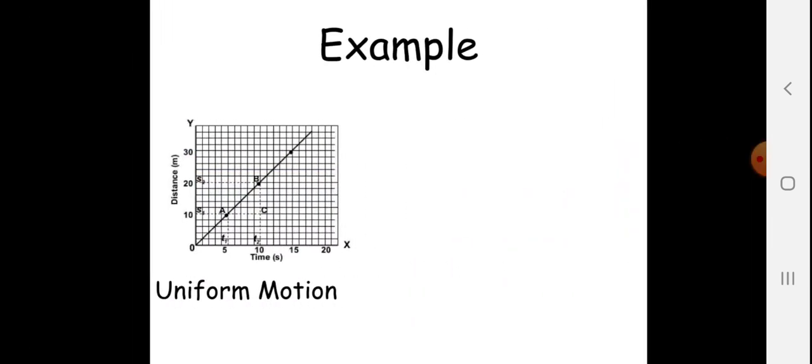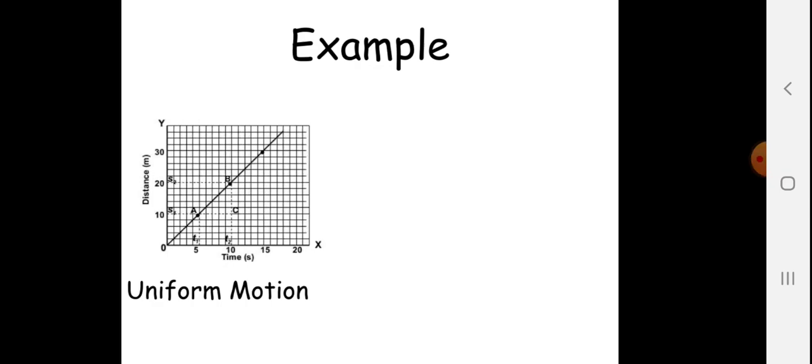You can see in this figure, this is uniform motion. You can see 10 meters are traveled in the first 5 seconds, then 20 meters in the next 10 seconds and so on. So when you join all these points, you get a straight line which indicates it is uniform motion. You can plot the various values and figure out whether it is uniform or non-uniform motion.